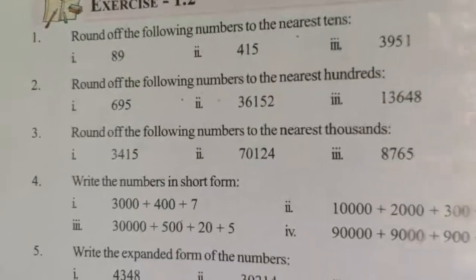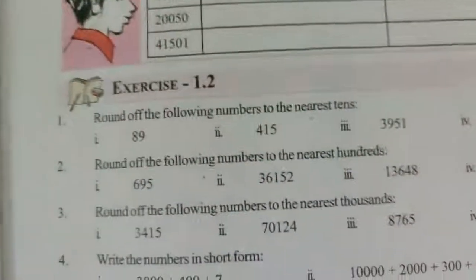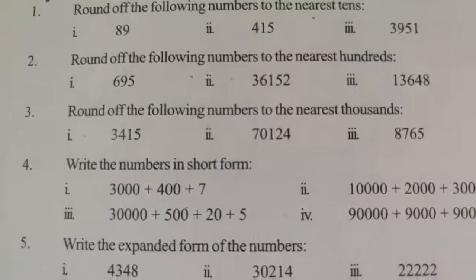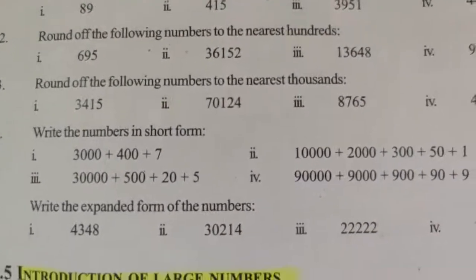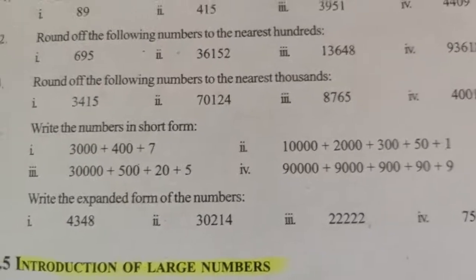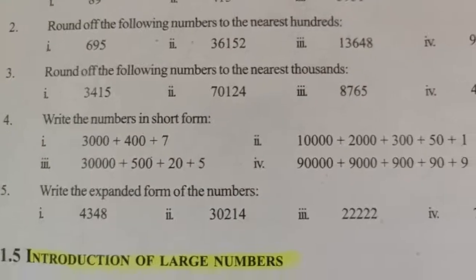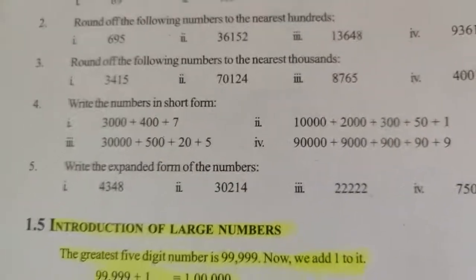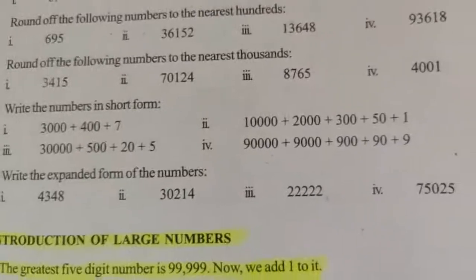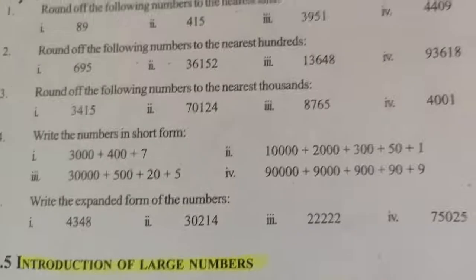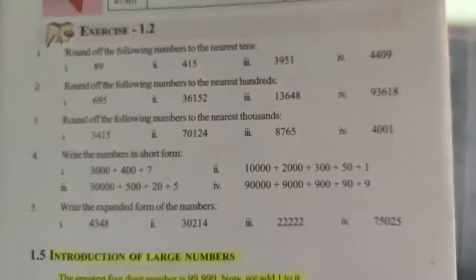Second sum, round off the following numbers to the nearest 100. Third one, round off the following numbers to the nearest 1000. Next, fourth one, write the numbers in short form. Here, which form is given? Expanded form. Just write the short form of it. It is the opposite of the expanded form. Next, write the expanded form of the number. Okay, these are the problems in exercise 1.2.